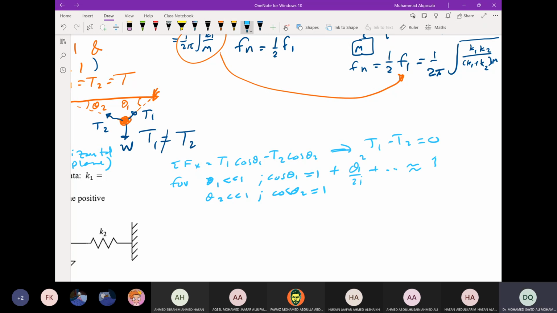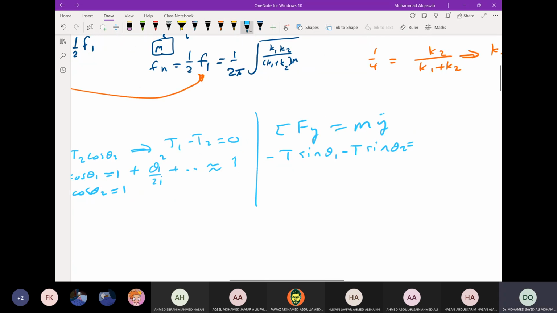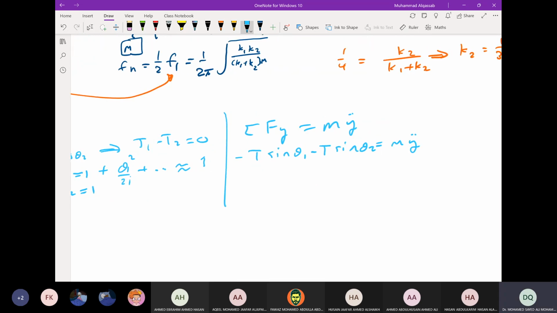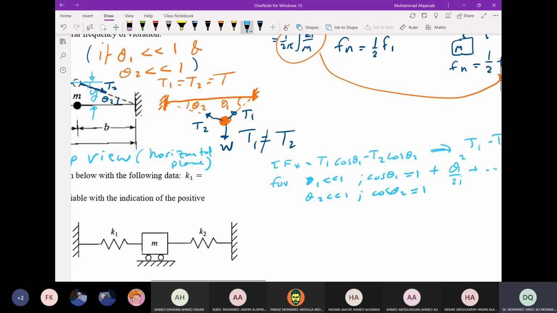Okay, and that means T1 equal to T2 equal to T. So what we can do is only find the equation in the y direction. The y is upward positive, so this is minus T sine theta 1 minus T sine theta 2 equal to m y double dot. And from here you can see that this is the equation of motion of a single degree of freedom system.